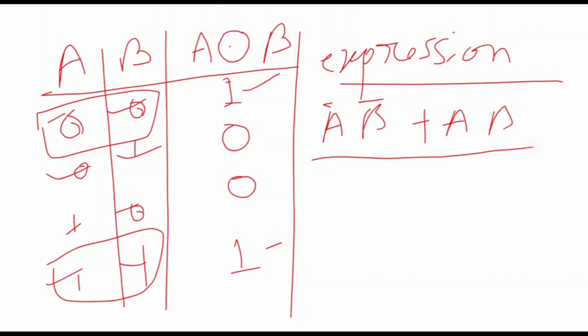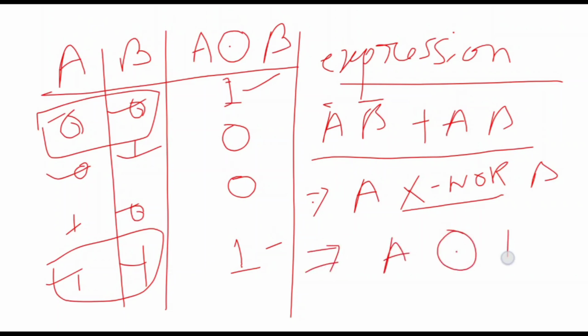We can write this as A XNOR B. We know that the symbol of XNOR is A dot circle B. This is basic, and from this basic we get this.